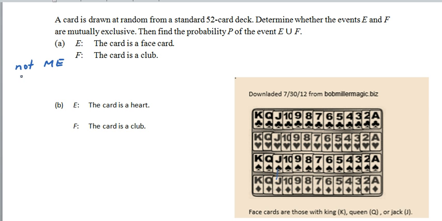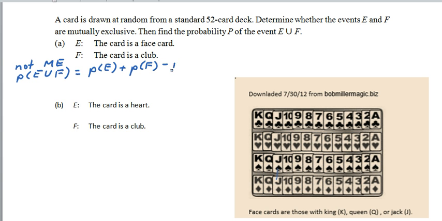So when we do the computation, the probability that the card that is drawn is either a face card or a club is not just the probability that it's a face card plus the probability it's a club, because that would overcount by 3.